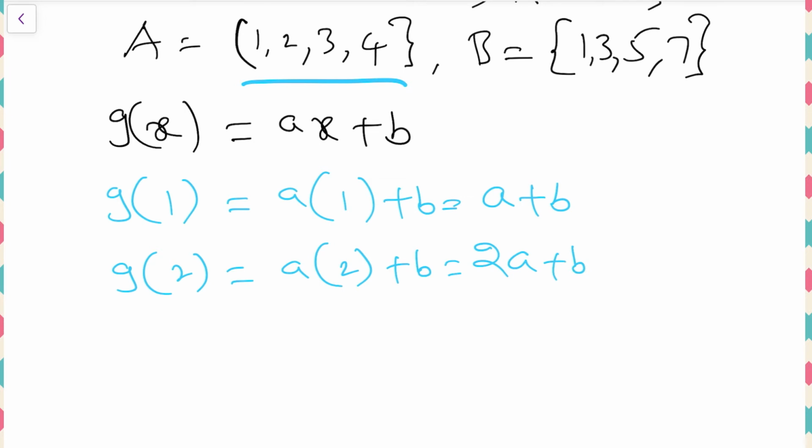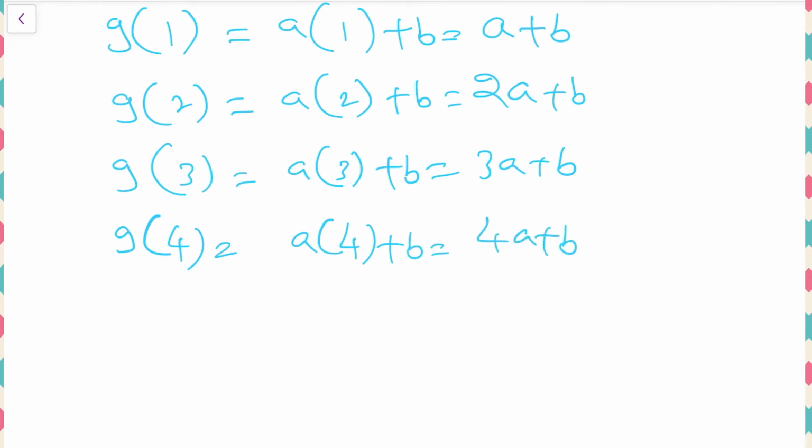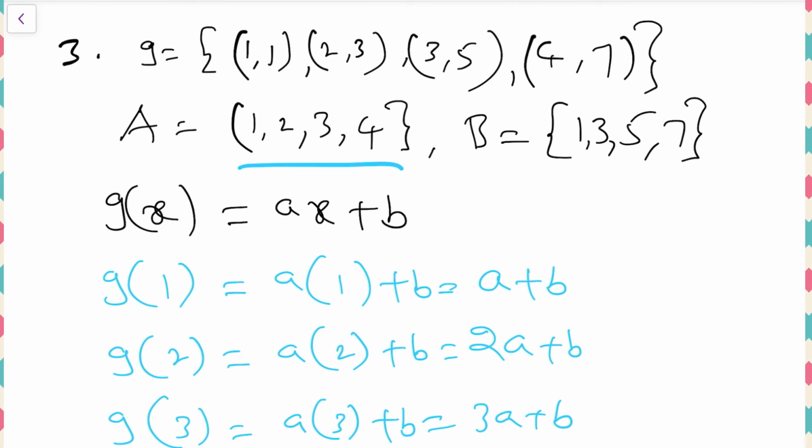These two are enough, but let us complete everything. g of 3 is equal to a into 3 plus b, that is nothing but 3a plus b. Substituting 4, g of 4 is equal to a into 4 plus b, that is nothing but 4a plus b. Now if we observe this clearly, when we substituted 1, we got the answer 1.